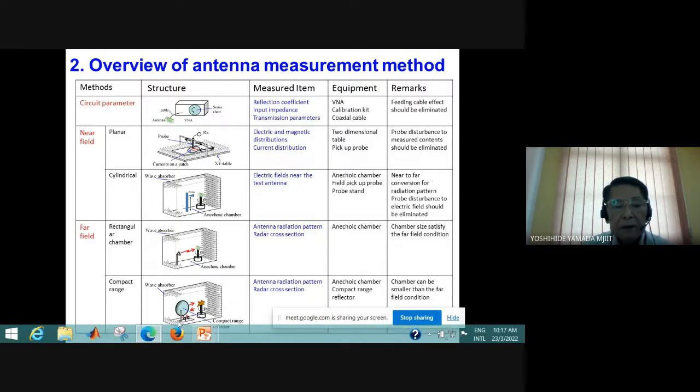And this is sometimes used for radar cross-section measurement. Here, the target objective of a small sized jet plane.